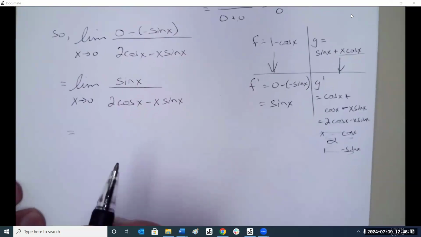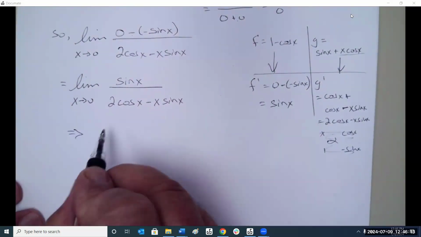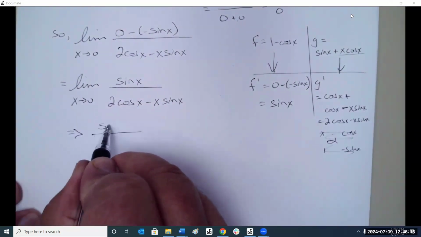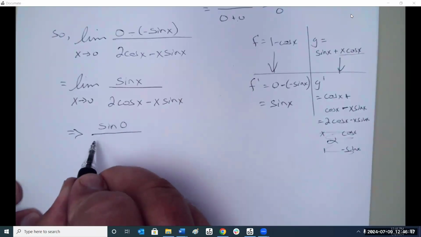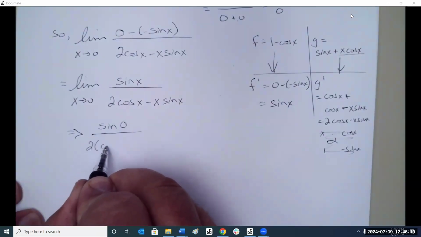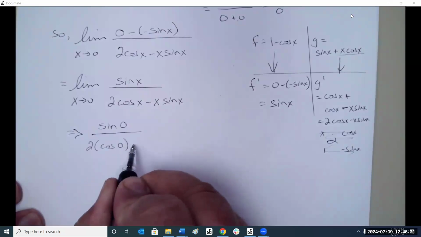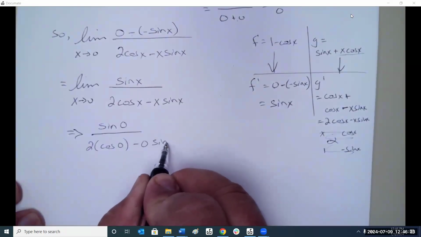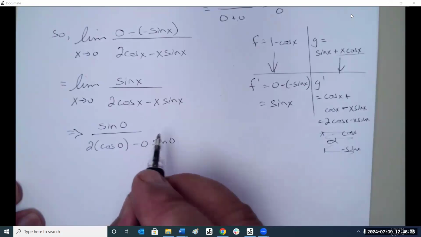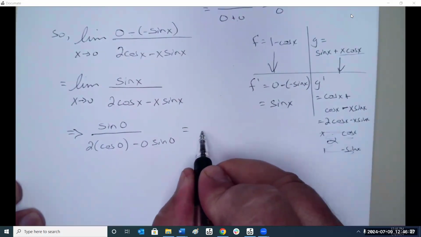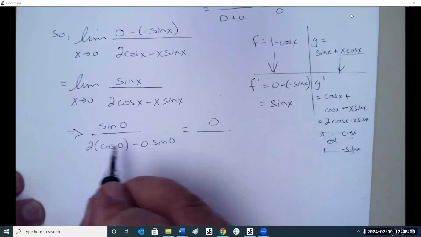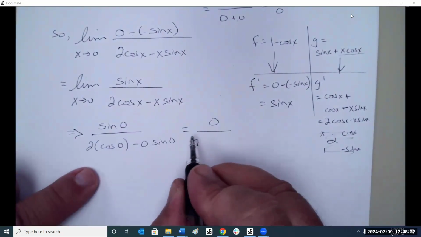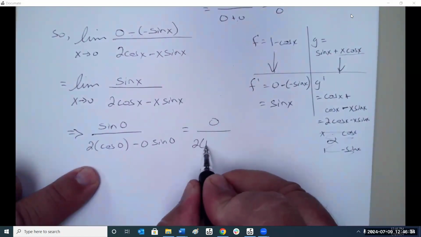Plug in 0. Sine of 0, over 2 cosine of 0 minus 0 sine of 0. Sine of 0 is 0. Cosine of 0 is 1.